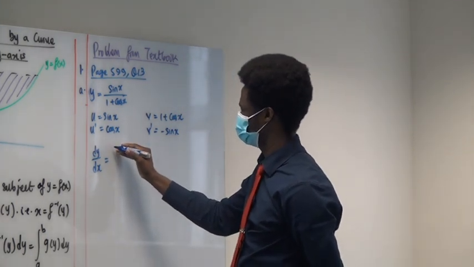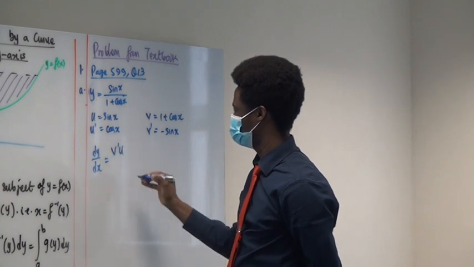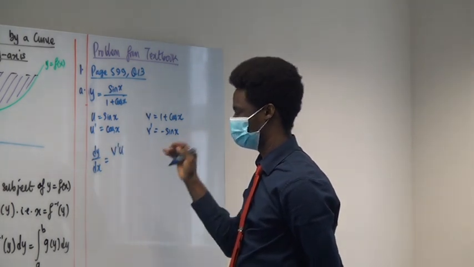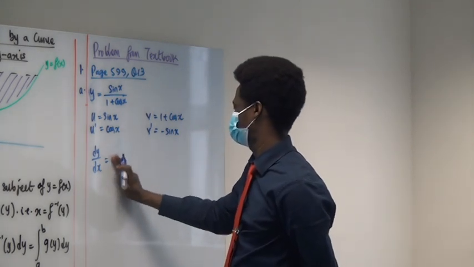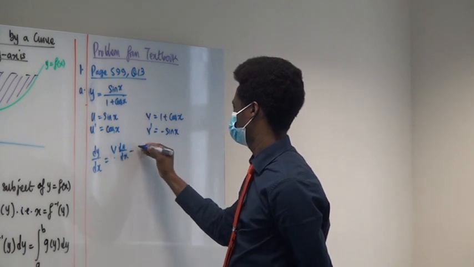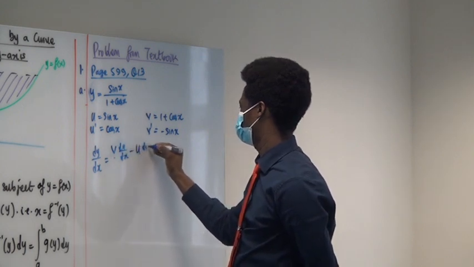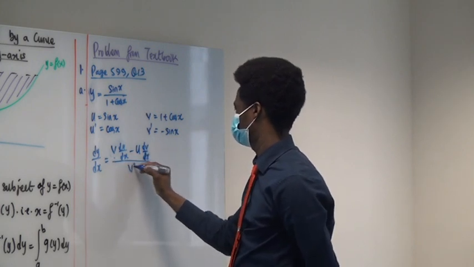Yes? V prime u, like this? Yes. Minus u dv/dx, over v squared.